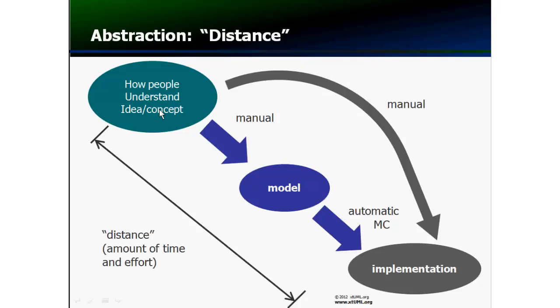So the distance, if we're using manual techniques only, the distance from the idea to the implementation is longer than the distance from the idea to the model, and therefore it is less work, less time and effort to do modeling, under the assumption that we have some automation to convert the model to the implementation in the final step.